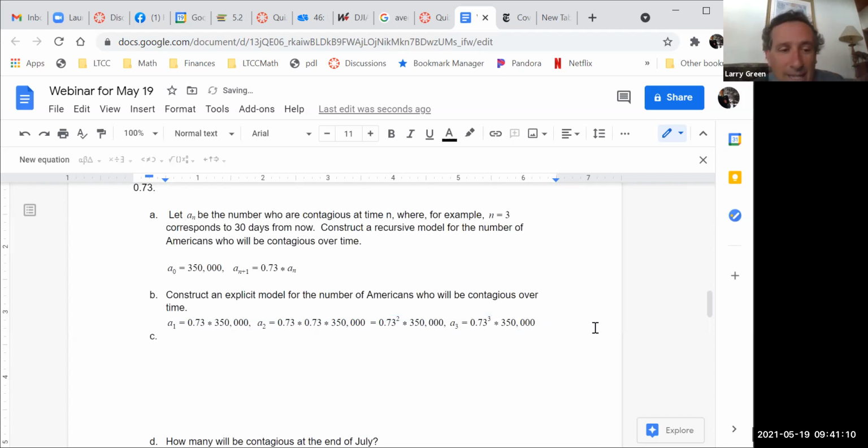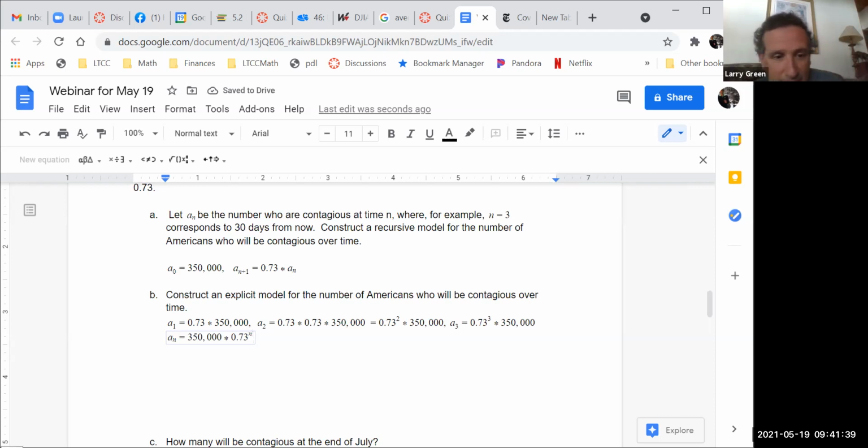So now we're ready, hopefully, to write down what a sub n is. So a sub n is equal to 0.73 to the n times 350,000. And typically you write the number first, 350,000 times 0.73 to the n.